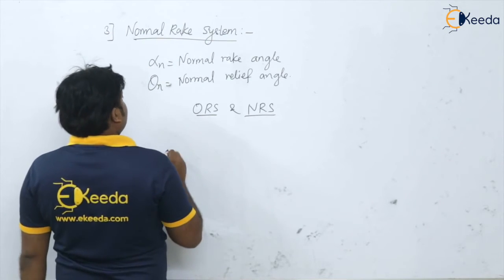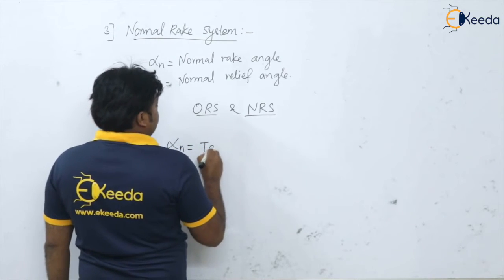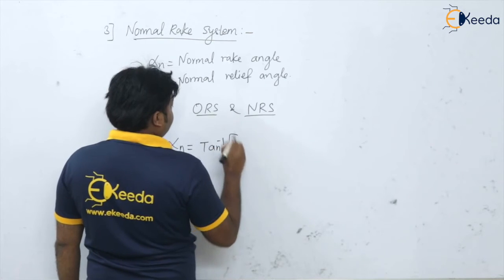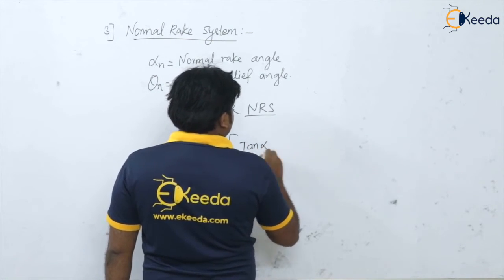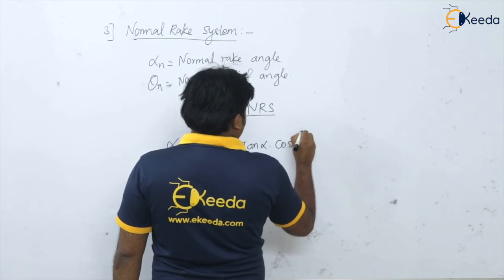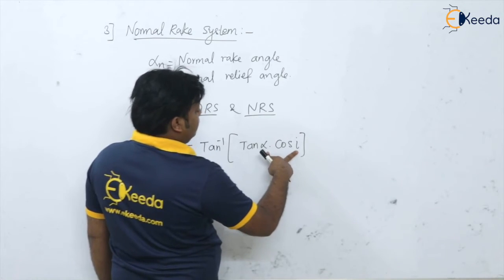The normal rake angle alpha n is equal to tan inverse of tan of alpha into cos of I, where alpha is the orthogonal rake angle and I is the inclination angle.